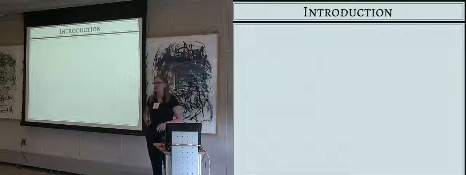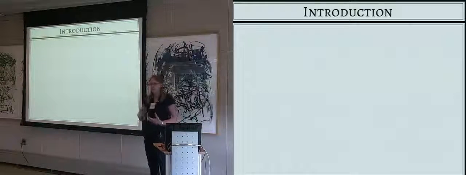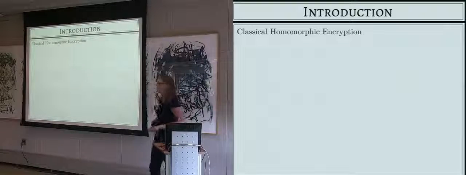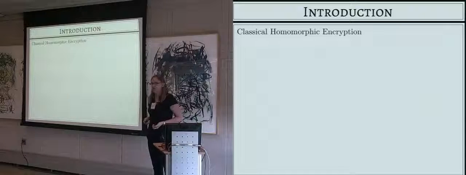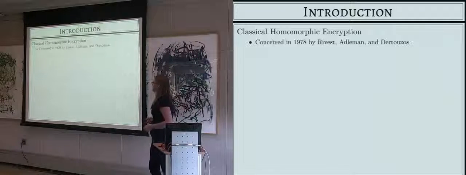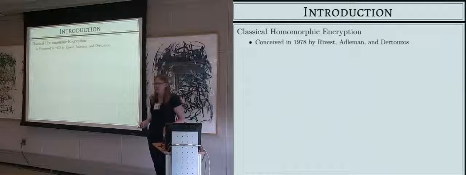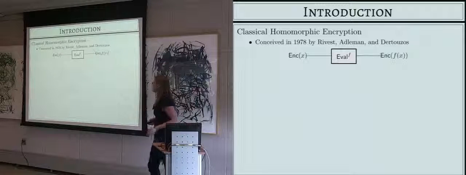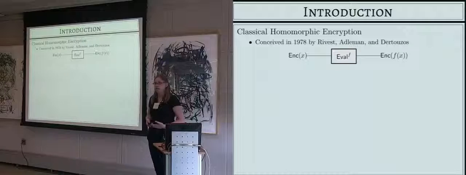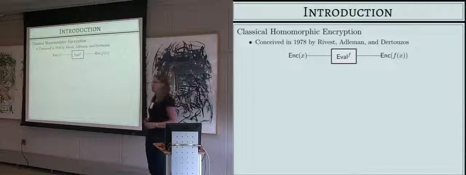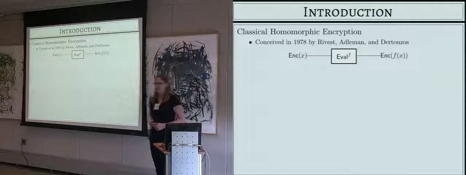Okay, so the idea of quantum homomorphic encryption is it's the quantum version of a classical cryptographic primitive called homomorphic encryption. So the idea of fully homomorphic encryption, which was first proposed in 1978, was the following. We want to encrypt some data, so say a classical string x, in such a way that we can evaluate any function f on the encrypted data without decrypting.